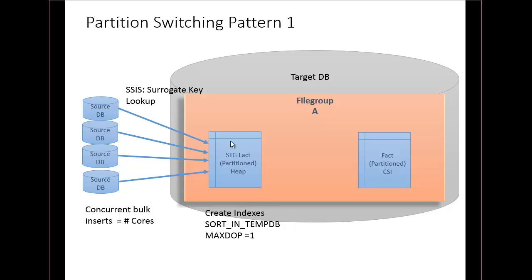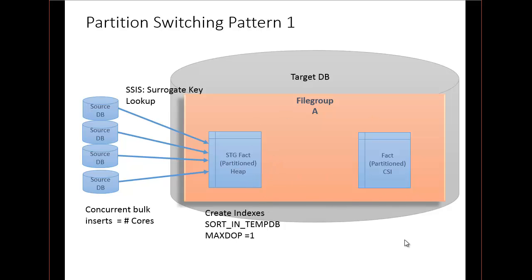once the data is loaded, then you can create your indexes. Make sure you sort the indexes using tempDB. This is really important if you want reduced fragmentation of your indexes. And even though it takes a little bit more time, using max degree of parallelism set to 1 when you create your indexes provides you with the most pristine indexes, so the lowest amount of fragmentation.